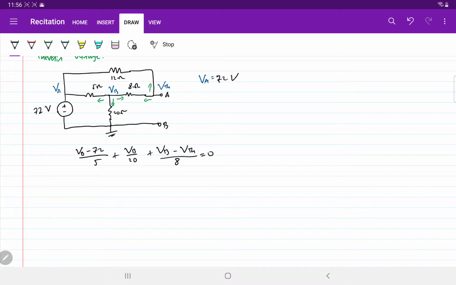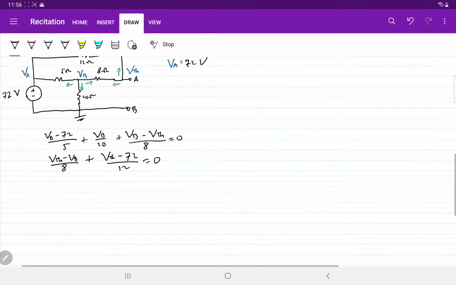This is the first equation. The other equation is coming from node A. So we have (V Thevenin minus VB) over 8, plus (V Thevenin minus VA, which is 72) over 12 equals 0.